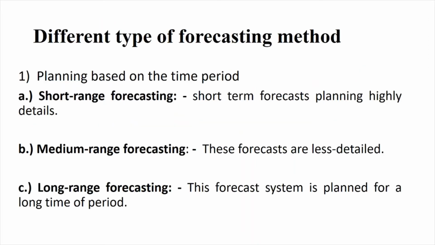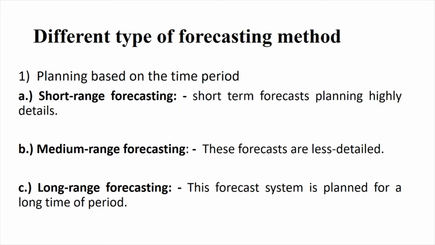Next is different types of forecasting methods. In this lecture, we will discuss many types of forecasting methods. First of them is planning based on the time period. Three types of forecasting are based on time period: short range forecasting, medium range forecasting, and long range forecasting.